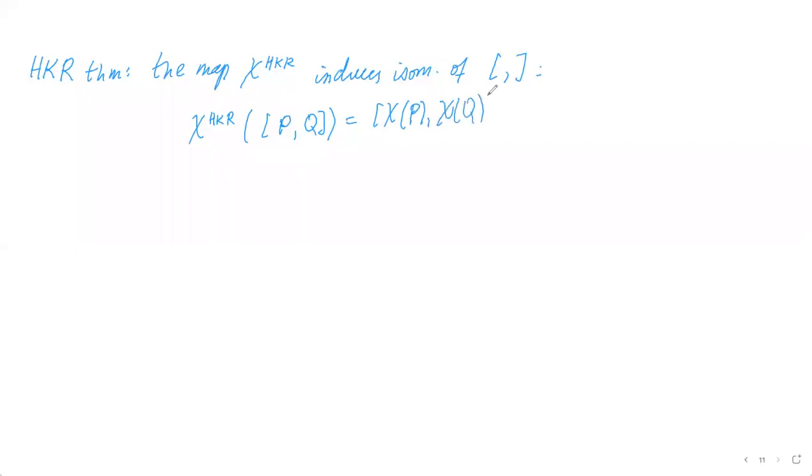But this identity holds only in cohomology. It doesn't hold when you just apply it to the cochains. You don't have this. So let us go on.